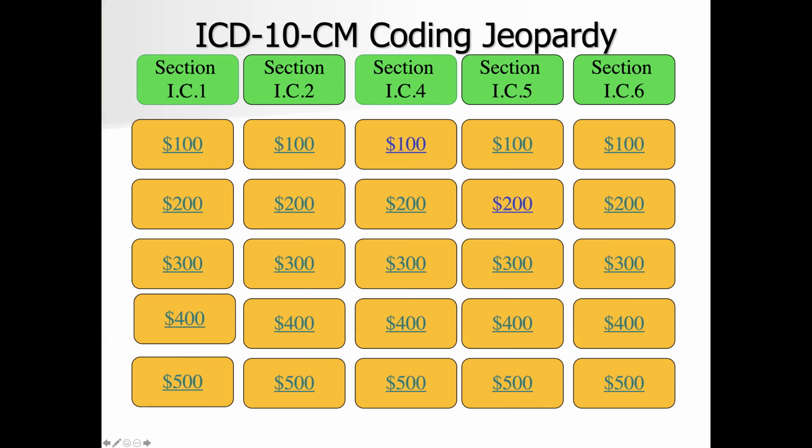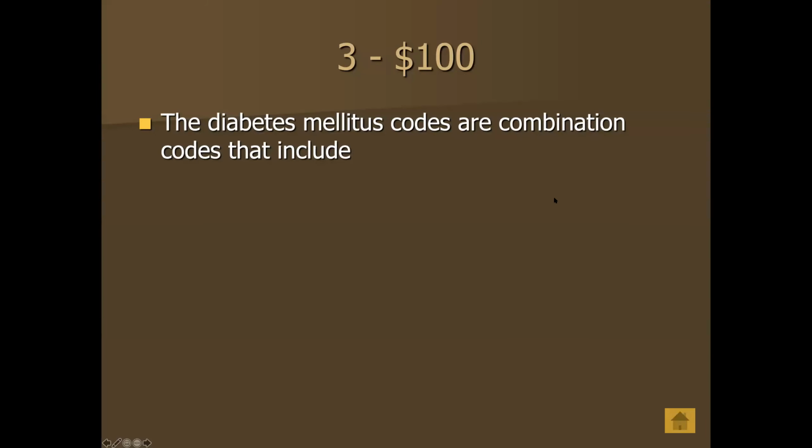4 for 100. Diabetes mellitus codes are combination codes that include. All right, we need an answer.